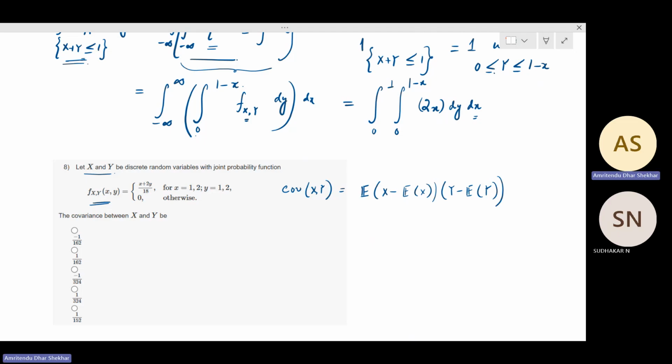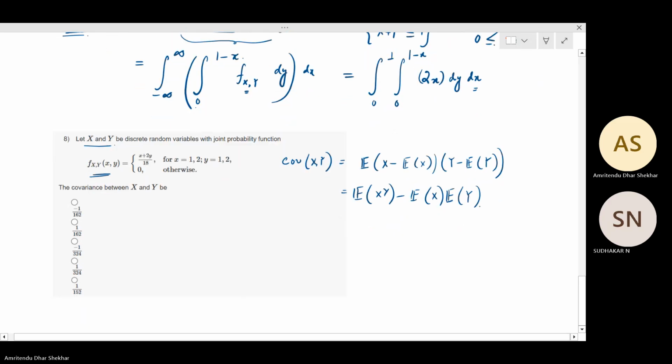And that just becomes equal to the expectation of xy minus the expectation of x times the expectation of y. So if you go by the formula, the expectation of x is equal to the integral over x, then the density function for x, dx.